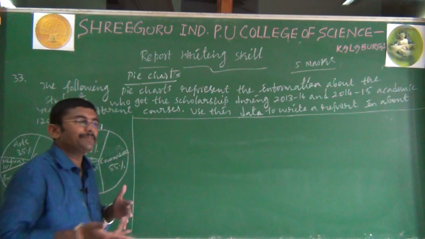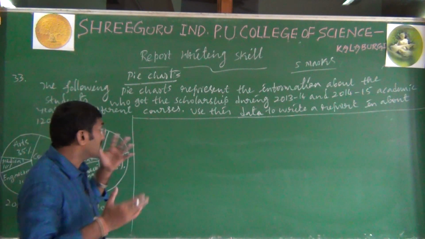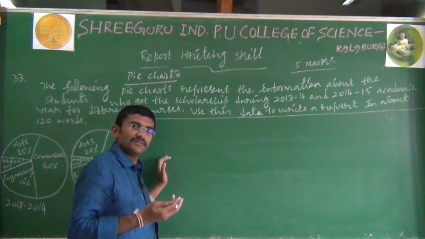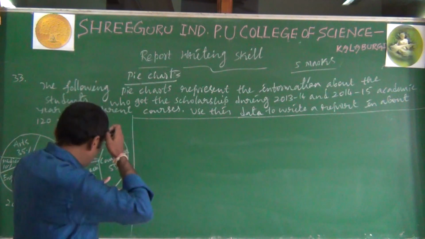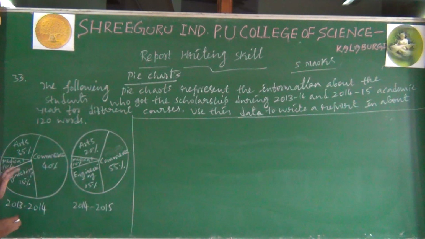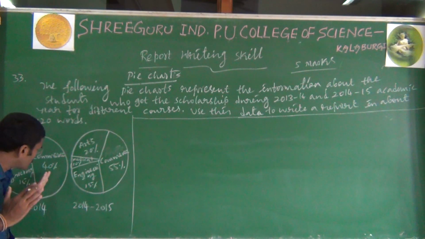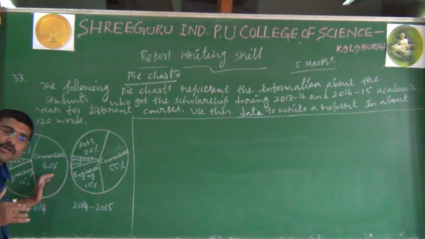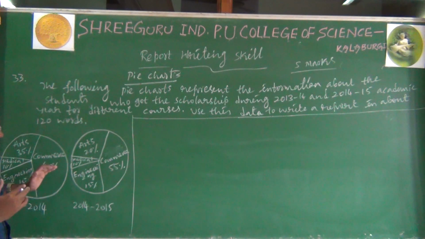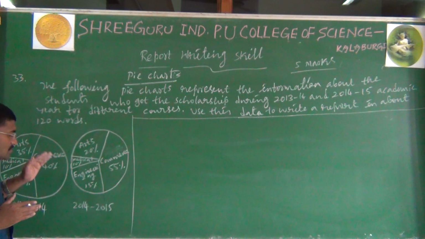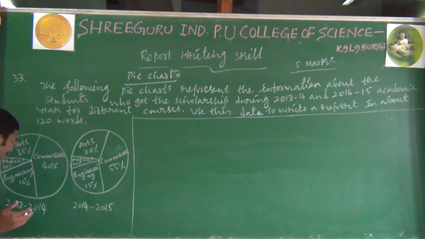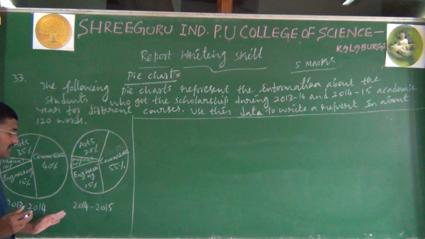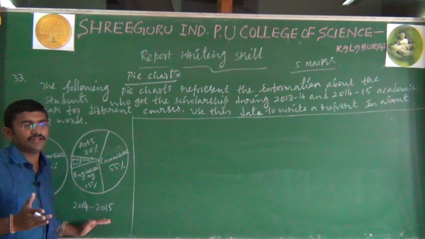And the third step is we conclude the report by saying in which area more students have got scholarship and in which area the students have got less scholarship during 2013 and 14 and 2014 and 2015.